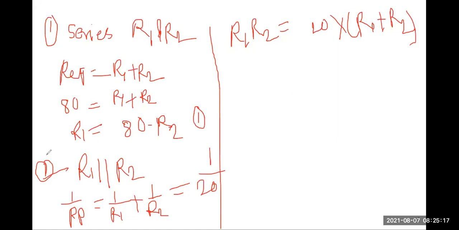But we have taken R1 is equal to 80 minus R2. Here you can take R1 is equal to 80 minus R2, multiplied by R2. I am just putting the values, not changing anything. Getting it everyone? Yes or no?